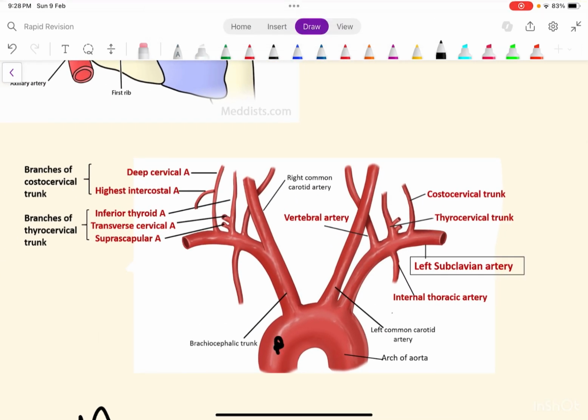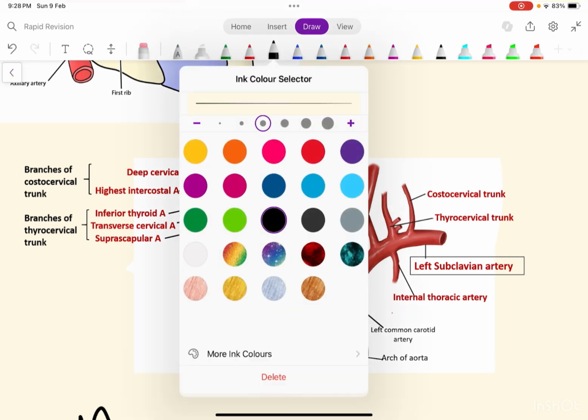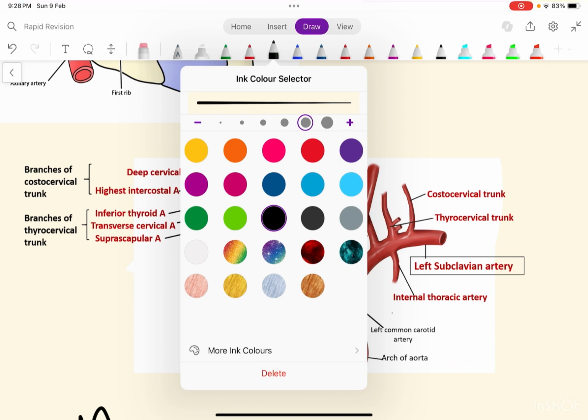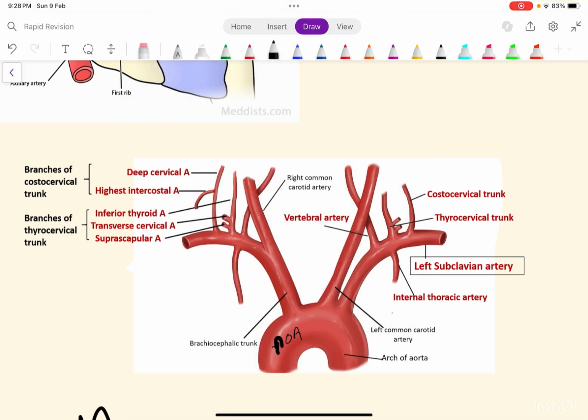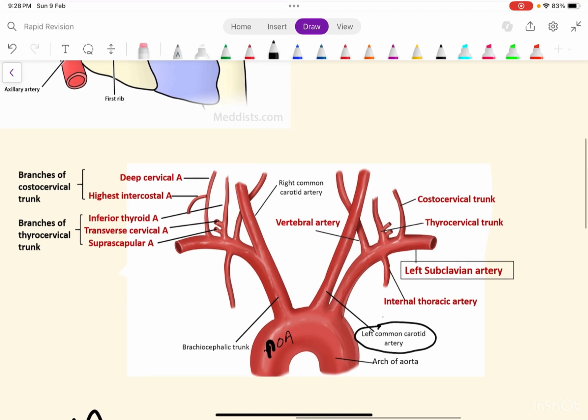Now let's see from here also. First of all, you should know that we have the arch of aorta. Then we have the left common carotid artery, and then the left subclavian artery.